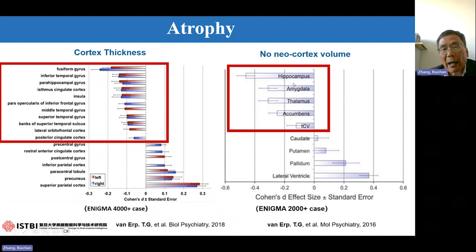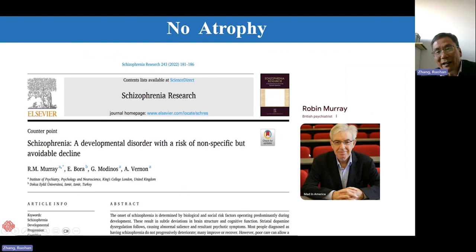For example, the hippocampus, where memory is located, becomes smaller, so they show we have a problem in this area. But one of our colleagues from King's College London, a very leading expert in this area, sent me an email and we had a discussion.